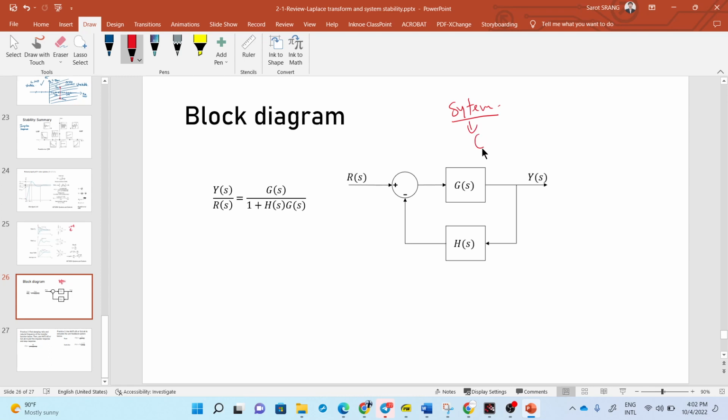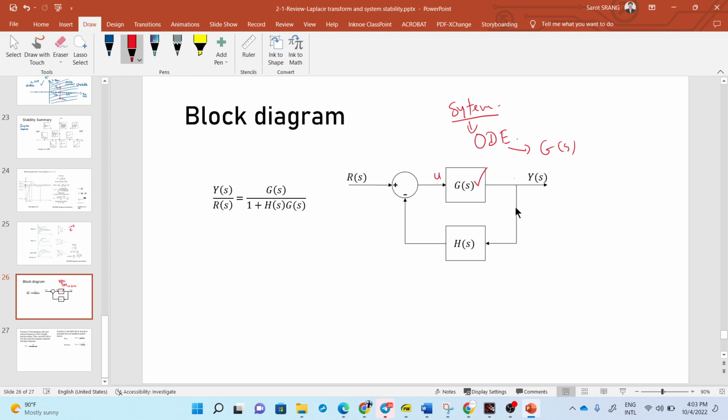You can derive it as an ODE, and then you take the Laplace transform of the ODE to find the ratio between output and input. Then you get the transfer function G(s), right? This one, the plant, from the dynamic system. So here is the input, and here is the output.